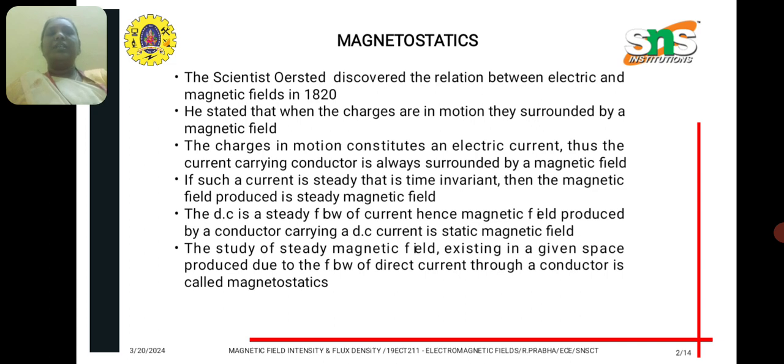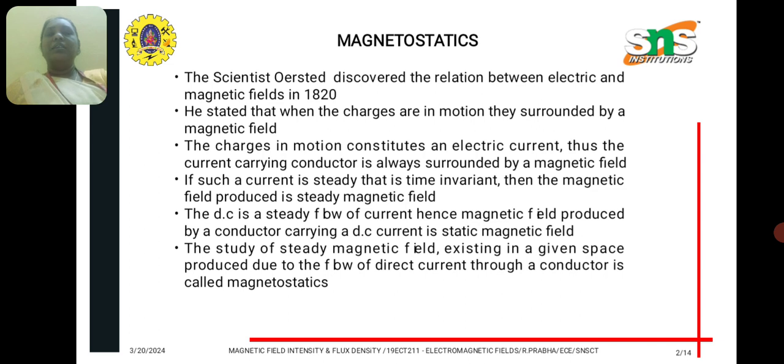If such a current is steady and time invariant, then the magnetic field produced is a steady magnetic field. DC is a steady flow of current, hence the magnetic field produced by a conductor carrying a DC current is called a steady magnetic field.